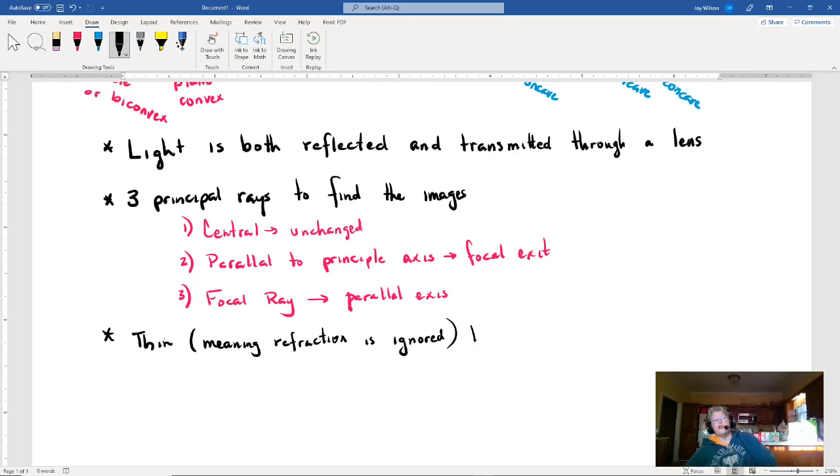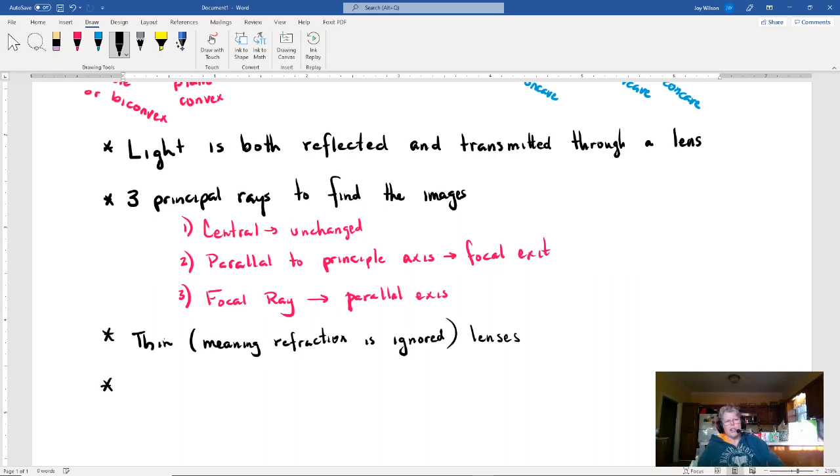Lenses, they're too small for us to worry about how the speed of light changes in the medium. And that's what happens when we're doing refraction. Refraction, the speed of light will change depending on the material it's in. And so that causes images to form differently. These are thin lenses, so we're going to ignore that. In your glasses that you use for the eyes, that's probably not entirely true. Plate glass, it's not always true. So there's some things you have to pay attention to. So that's our first assumption.